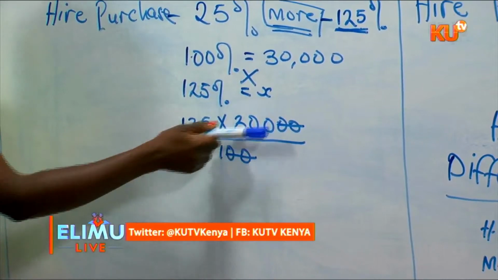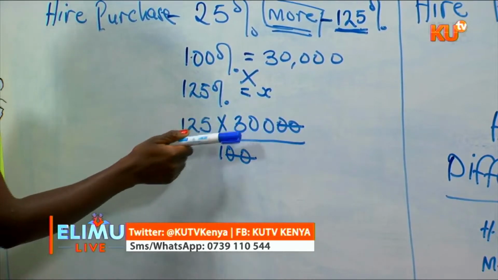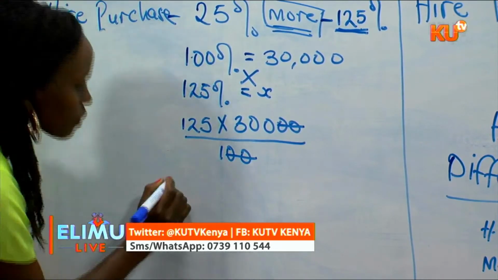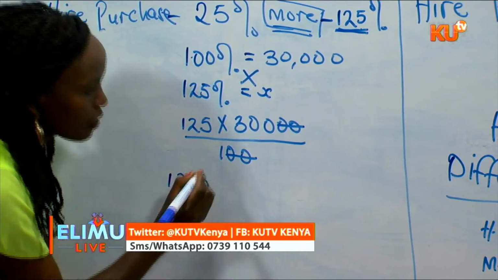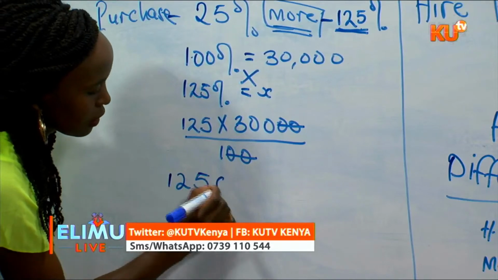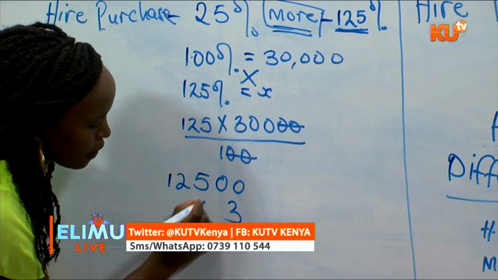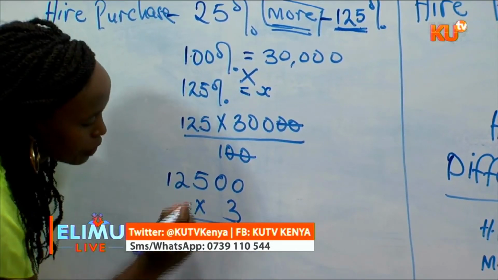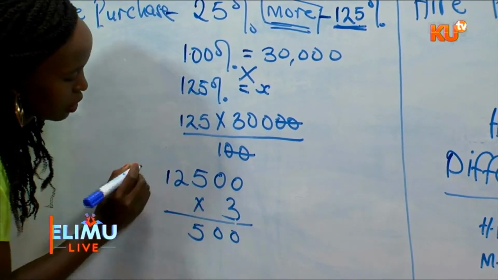So I divide by 100, 30,000 divided by 100 gives 300. So I take 125 times 300. 0 times 5 is 0, 0, then 15, carry 1.